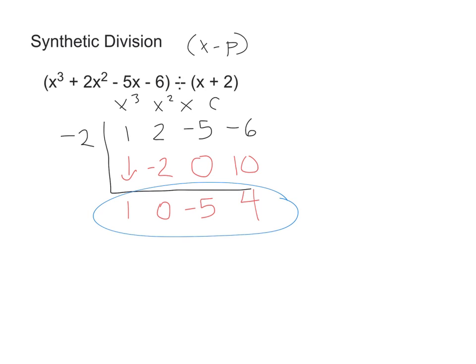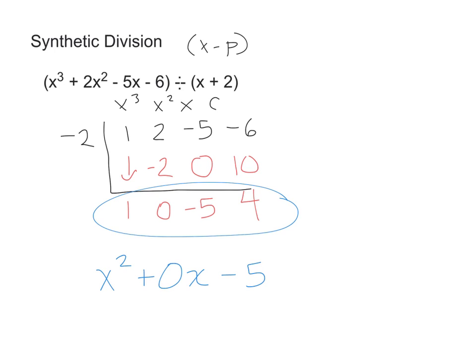So we have 1x squared, 0 x's, negative 5 with no x's, right? Maybe I should put that 0x in just so you see it. You wouldn't write it in your answer, but it might help you for now. And then we have a remainder of 4.